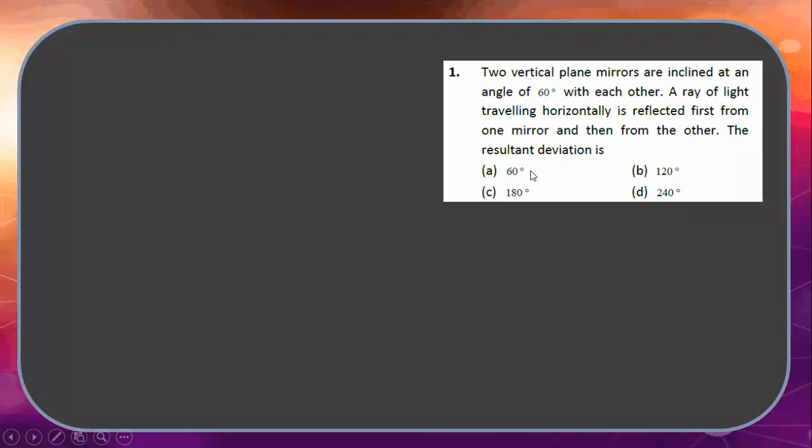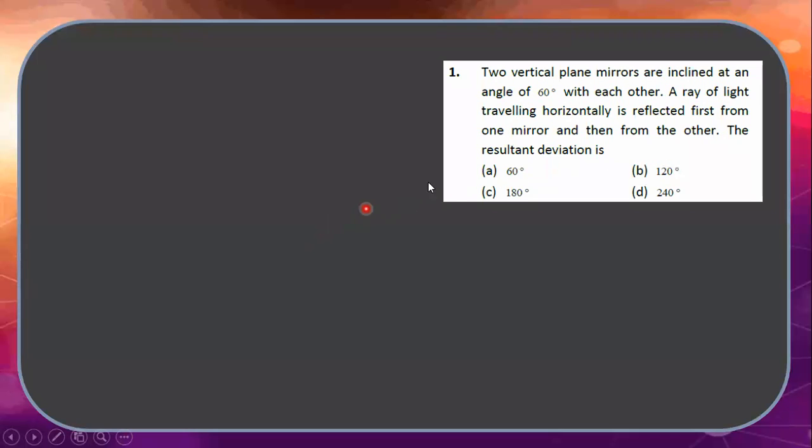Okay, first we will complete that. These are two plane mirrors, inclined at an angle of 60 degrees. This is a different problem. Two vertical plane mirrors are inclined at an angle of 60 degrees with each other. A ray of light traveling horizontally is reflected first from one mirror and then from the other.